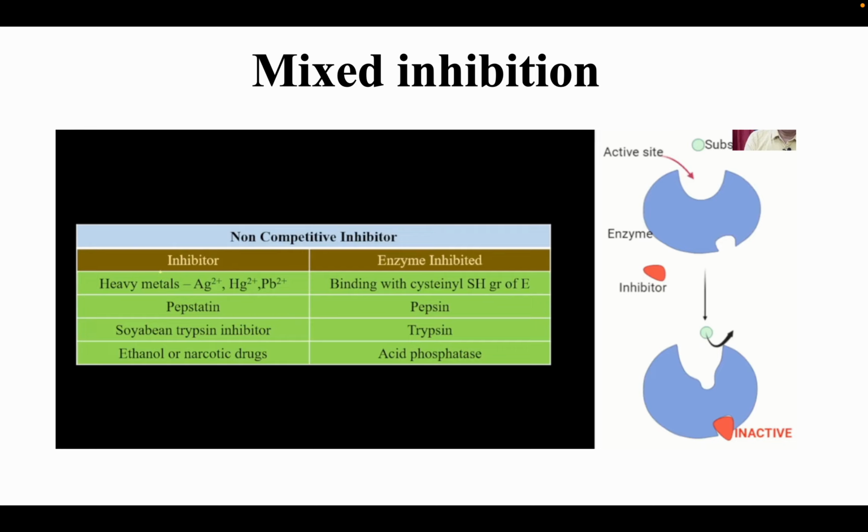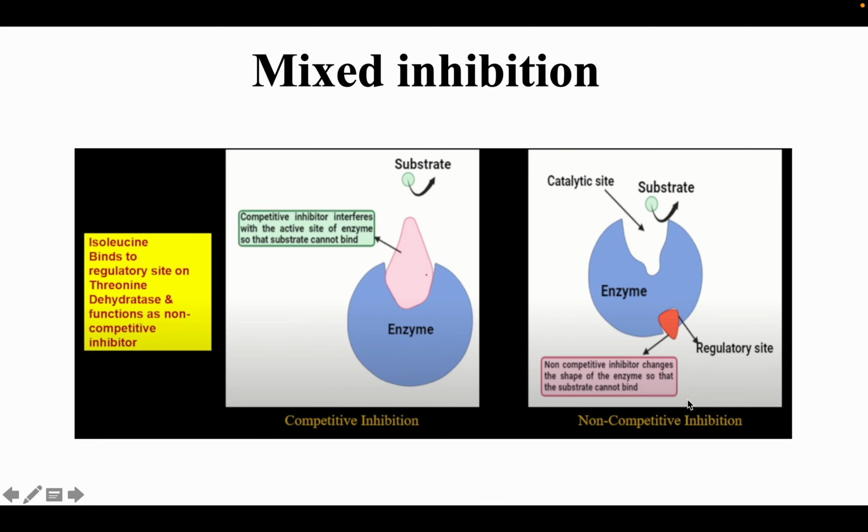These are all examples of mixed or non-competitive inhibitors. We also have pepstatin, which inhibits the enzyme pepsin. Again we have a representation that this is the active site and the inhibitor will bind to a site other than the active site. After binding to this allosteric site, there will be a conformational change which will not allow the substrate to bind.